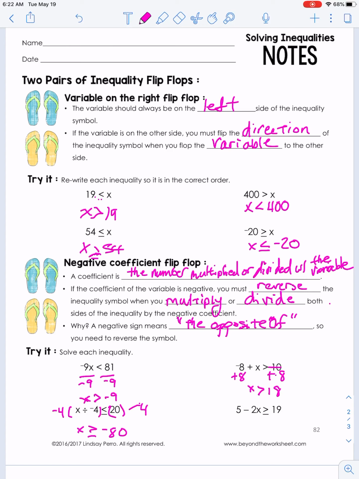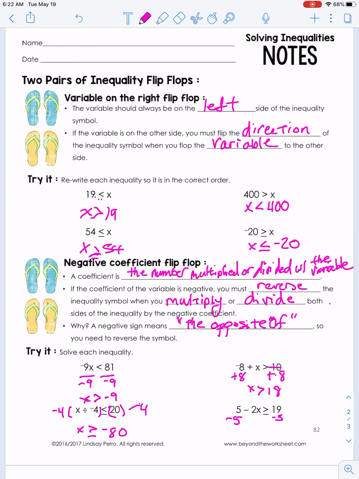Now I want you to try this one first on your own. So we have 5 minus 2x is greater than or equal to 19. So our first step is going to be to subtract 5 from each side.